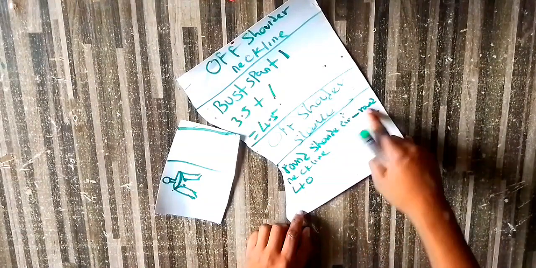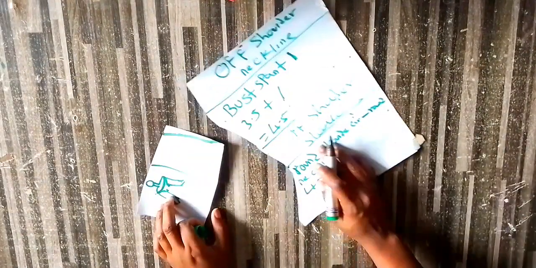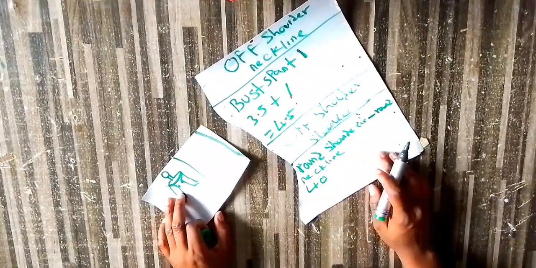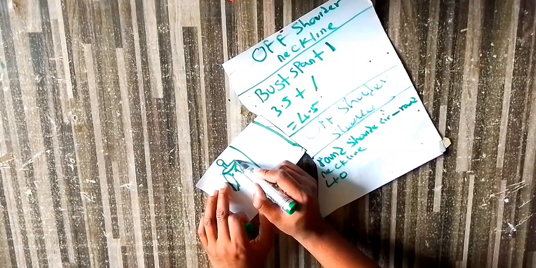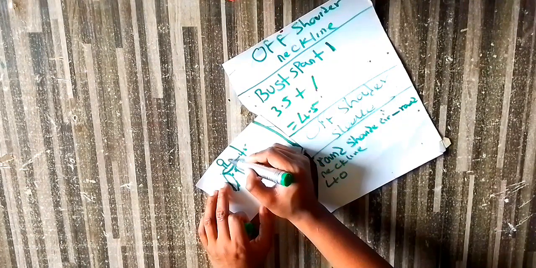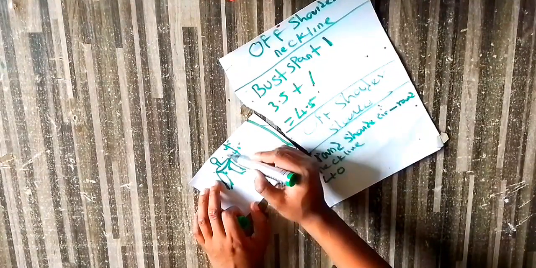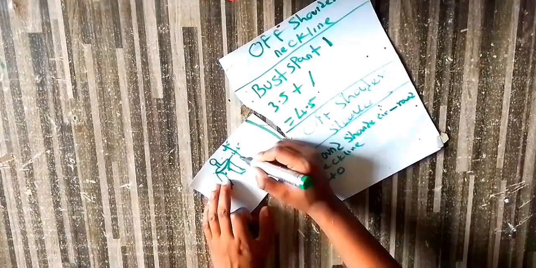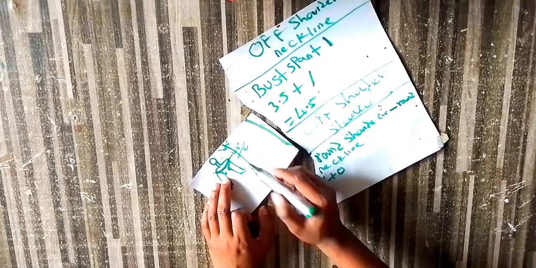And then the round neckline, so mine is 4.5. You know this 4.5 will be at the front here, and whatever we have at the front is what we'll have at the back for the round neckline. So we'll just say 4.5 plus 4.5 will give us 9 inches.